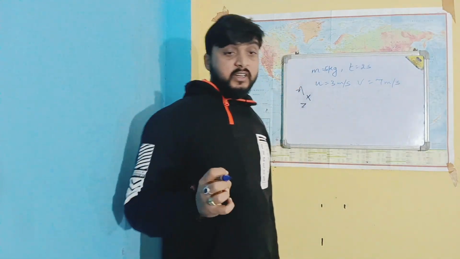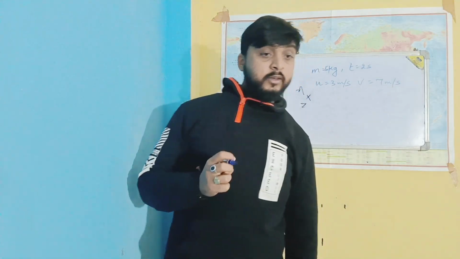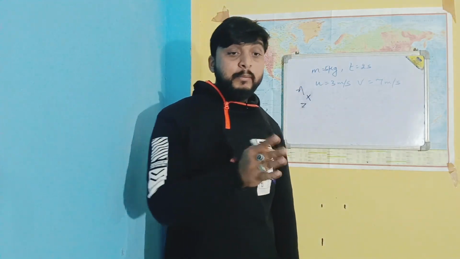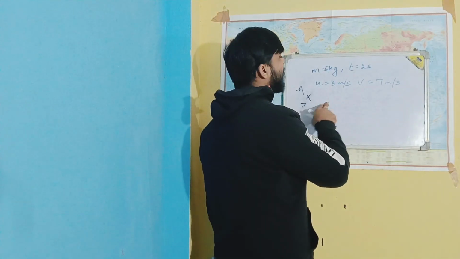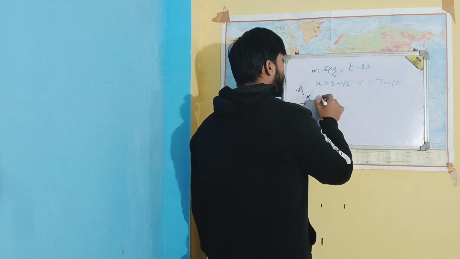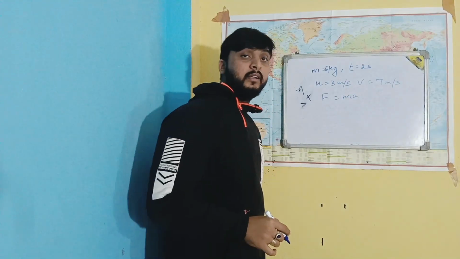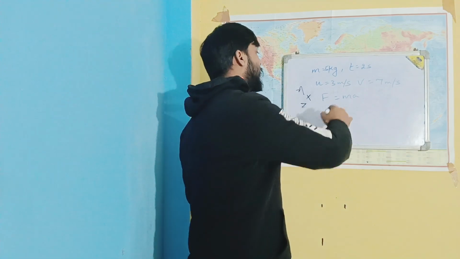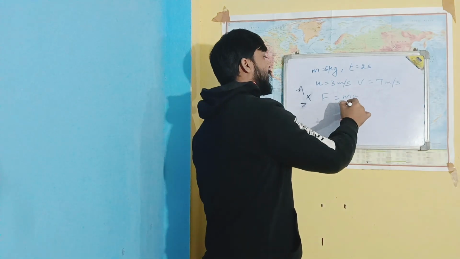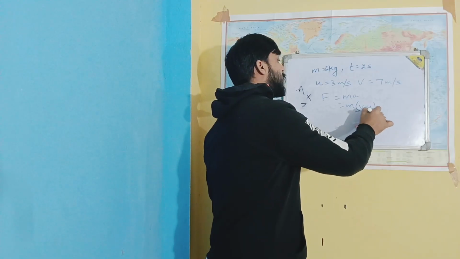So we know certain magnitudes. Now what do we need to find? We need to find the magnitude of the applied force. How much force is being applied upon the object? We know F is equal to ma, right? But it is given in terms of initial velocity and final velocity. So what will we do? m into v minus u by t, we already know it.